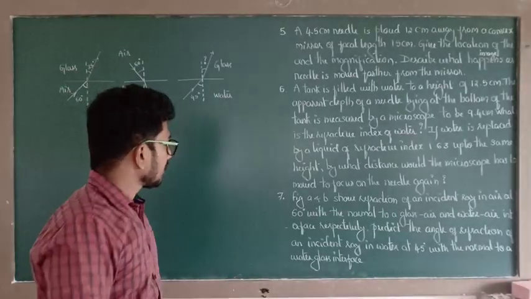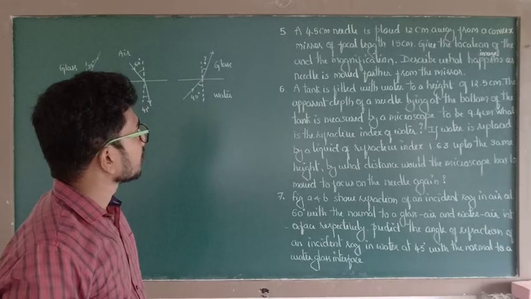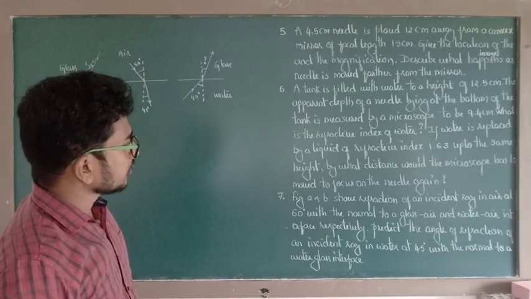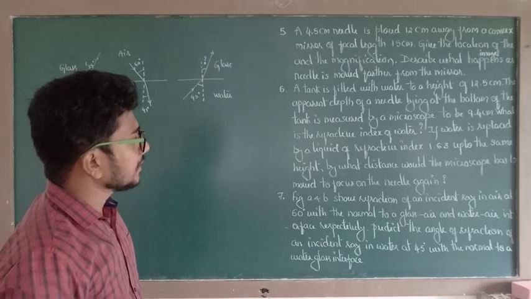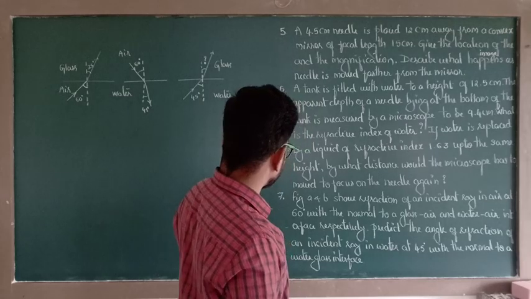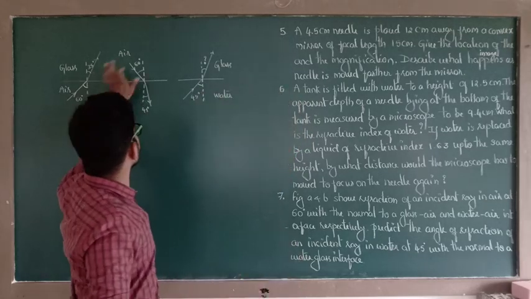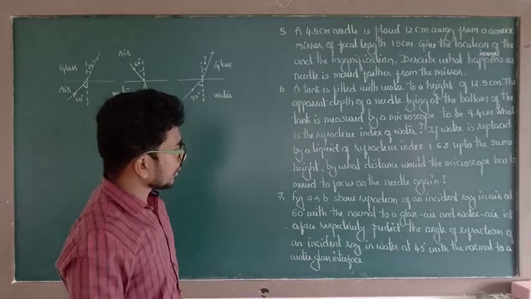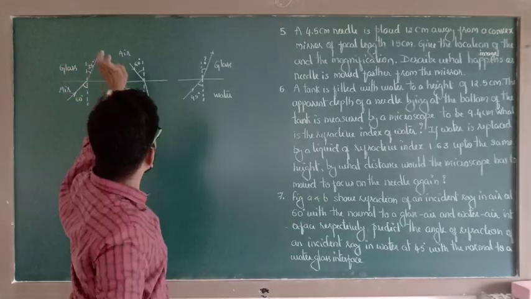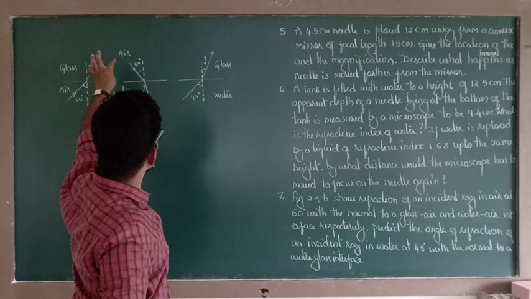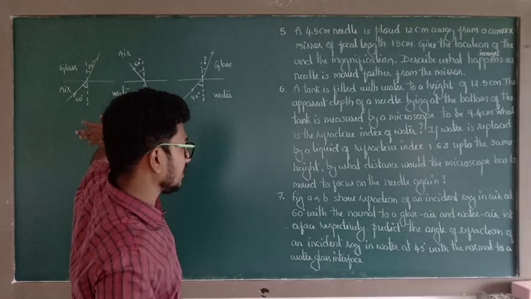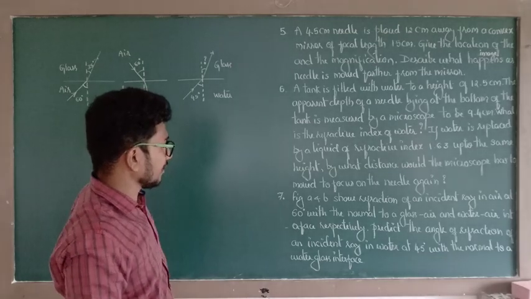Now, have a look at the next numerical. Figures A and B show the refraction of an incident ray in air at 60 degrees with the normal to the glass-air and water-air interfaces respectively.